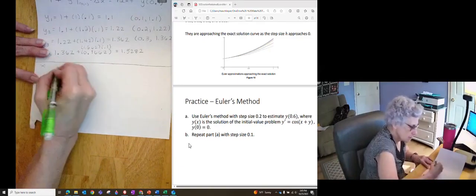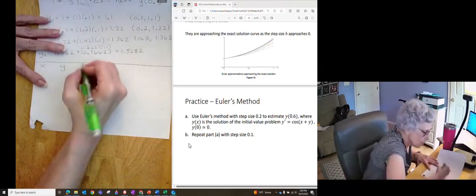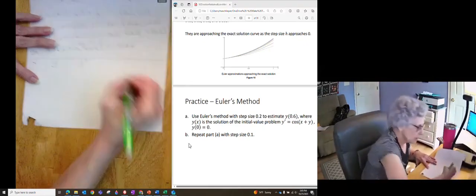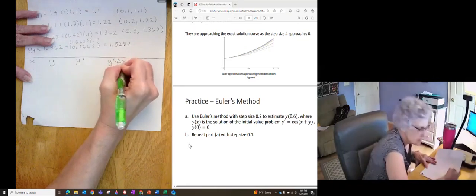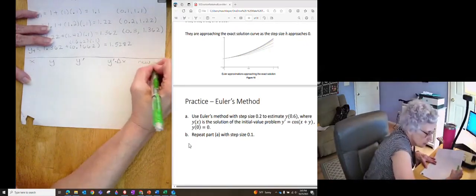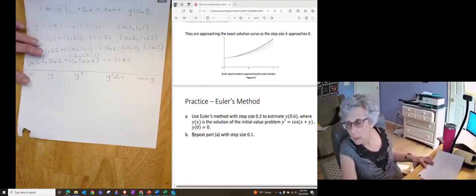I make a column for x, a column for y, a column for y prime, a column for y prime times delta x, and then a column for my new y or next y.